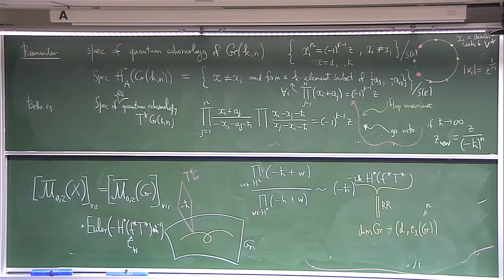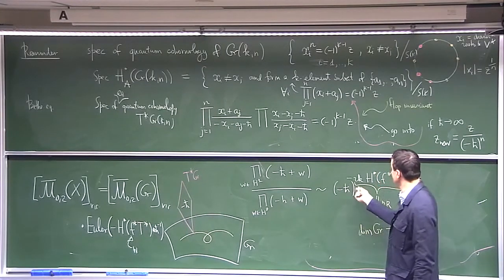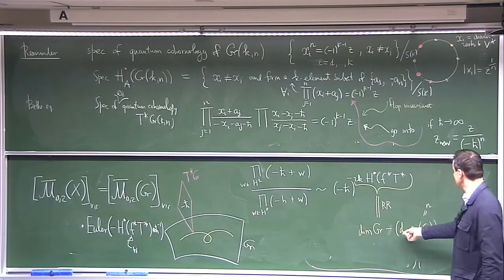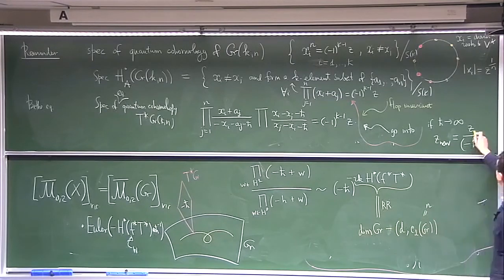Okay. And so this says that in degree d, I'm going to get an overall factor of h bar, which goes like d times n. Which means I have to rescale my variable z like this.